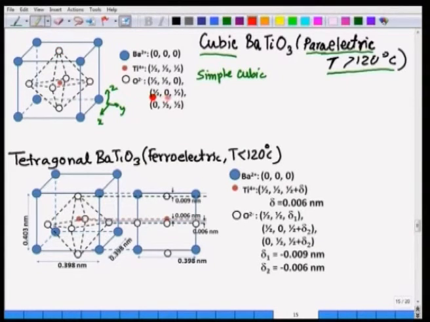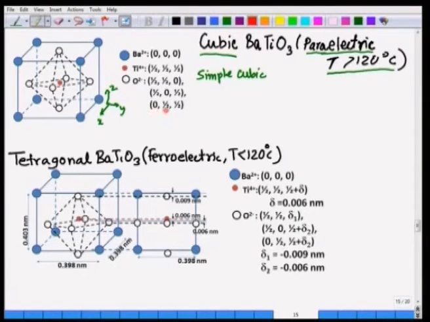Similarly, if you look at half 0 half, I should erase this. So I move half this way, 0 this way, and z you move half. You get this particular oxygen atom, and this is an equivalent oxygen atom. Every time you move by a lattice parameter, you only get an equivalent atom.